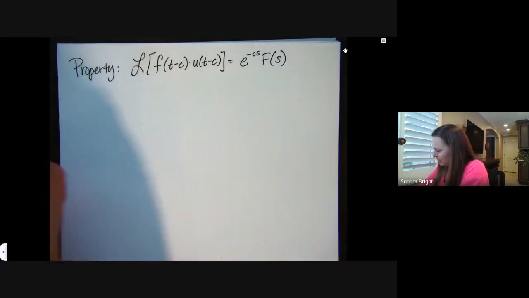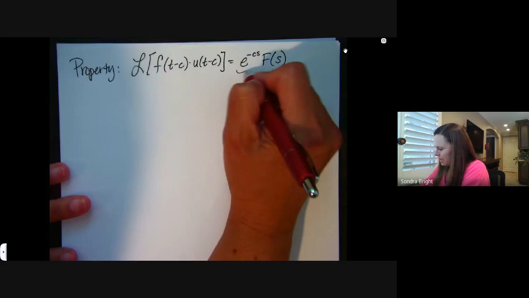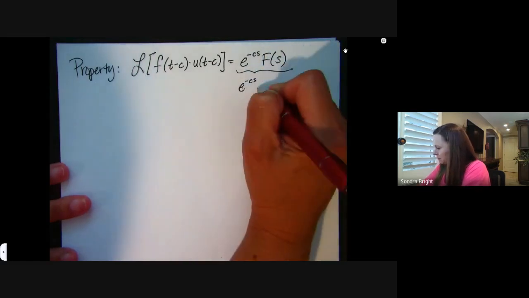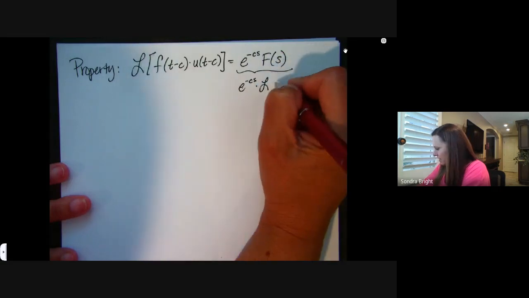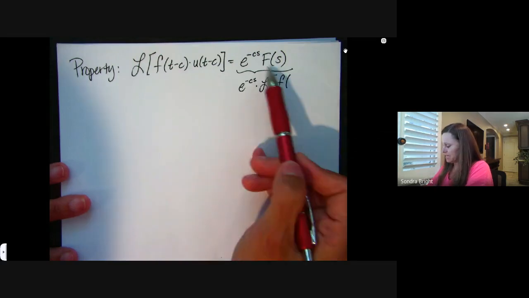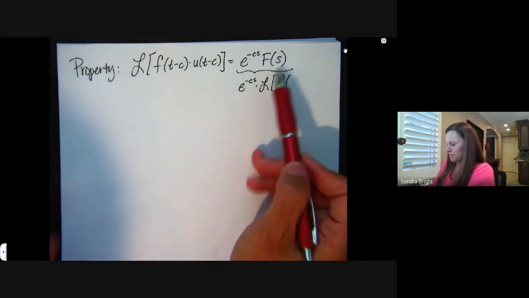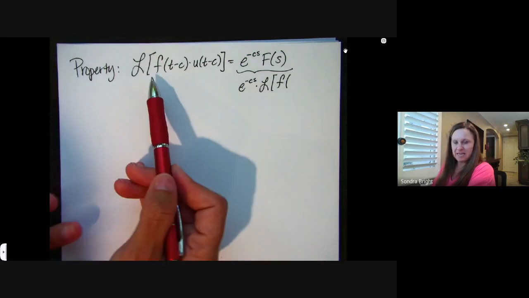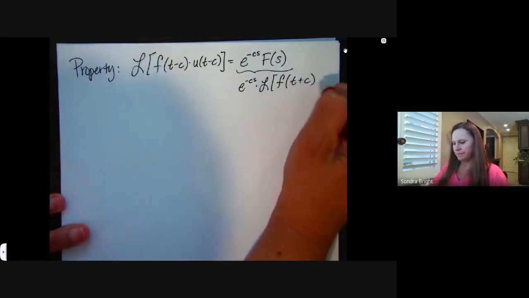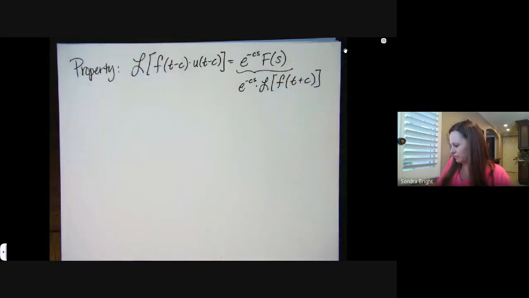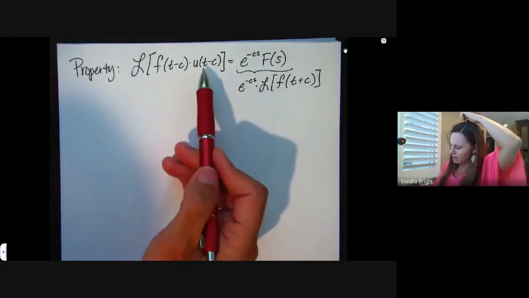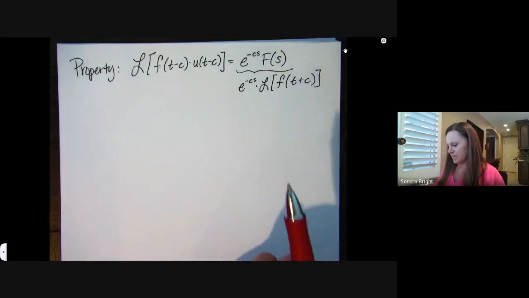That means that what we're going to end up doing is e to the negative cs times the Laplace transform of, technically, little f of t, but your function will have been given to you as f of t minus c. So to undo that, it'll be t plus c. Because of the shift here, you have to shift it back. That makes sense.